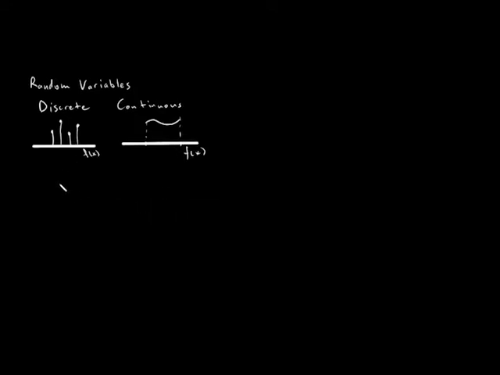So we denote it with f of x. In discrete random variables, we call f of x the probability mass function. In continuous random variables, we call it the probability density function. Now, a requirement for both of these functions is that for any f of x, it must be greater than or equal to 0 and less than or equal to 1.